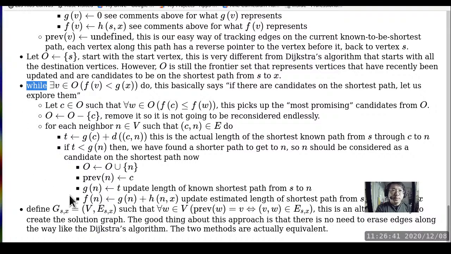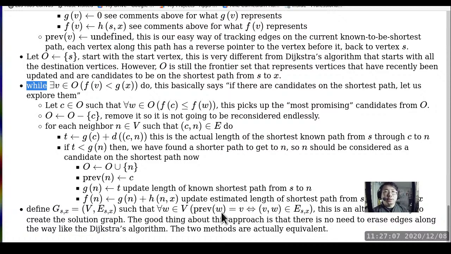When this loop is all done, it doesn't give us a solution graph because there's no e prime this time. So we have to construct a new set for e, and I call this e as x. S is the starting point, x is the destination, and the way we construct it is we look at all the pref functions, the backward pointers.